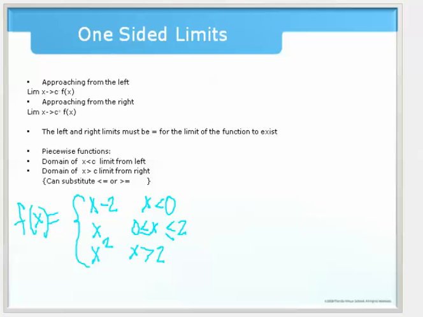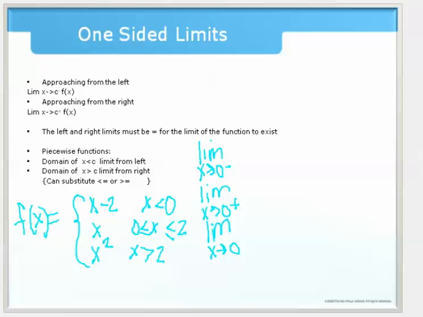So let's find a couple different limits. Let's first find the limit as x approaches 0 from the left, the limit as x approaches 0 from the right, and the limit as x approaches 0. And then we'll look at another example.